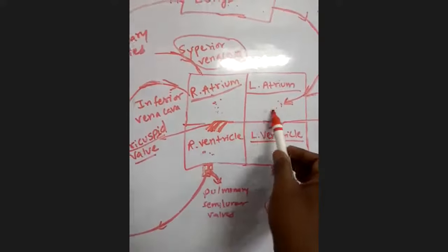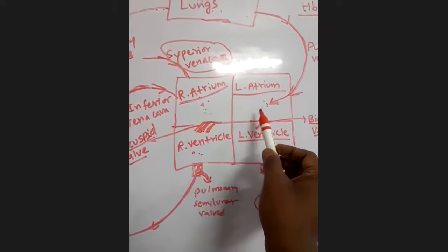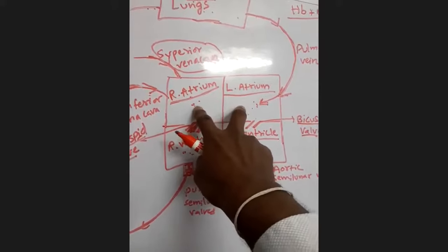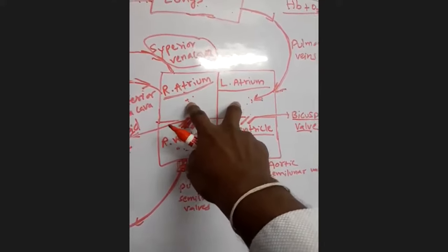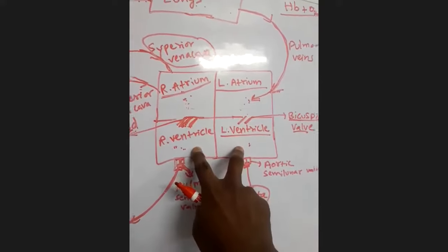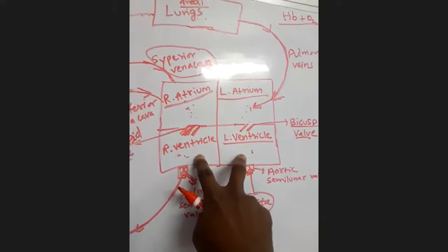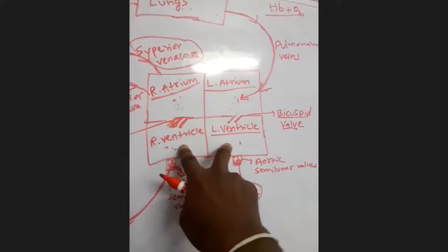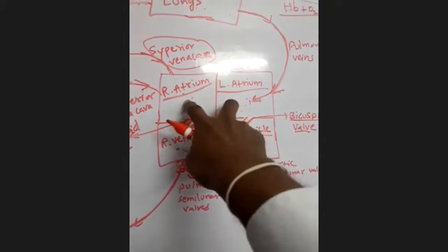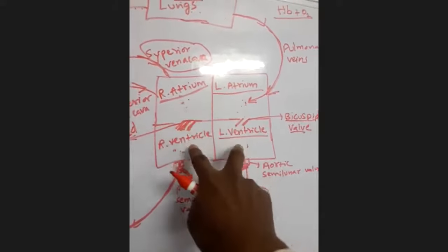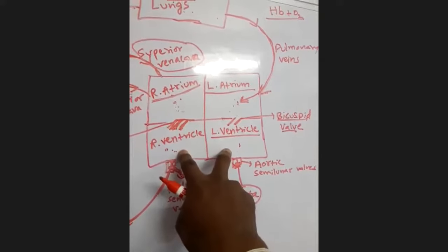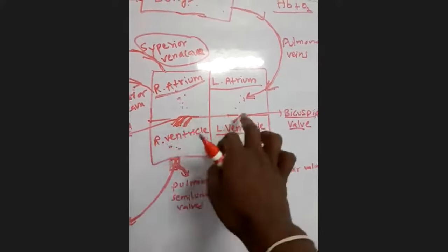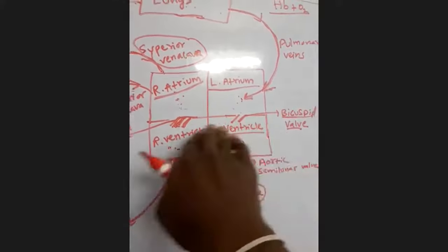That means these two chambers are filled at the same time, and at the same time the blood in them is emptied into the two ventricles. When these two chambers are full, the other two will be empty. Then the tricuspid valve and bicuspid valve will close at the same time.